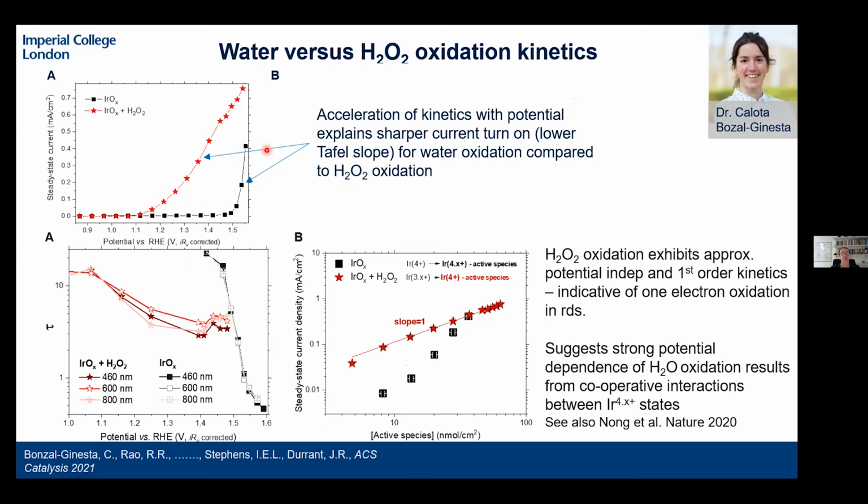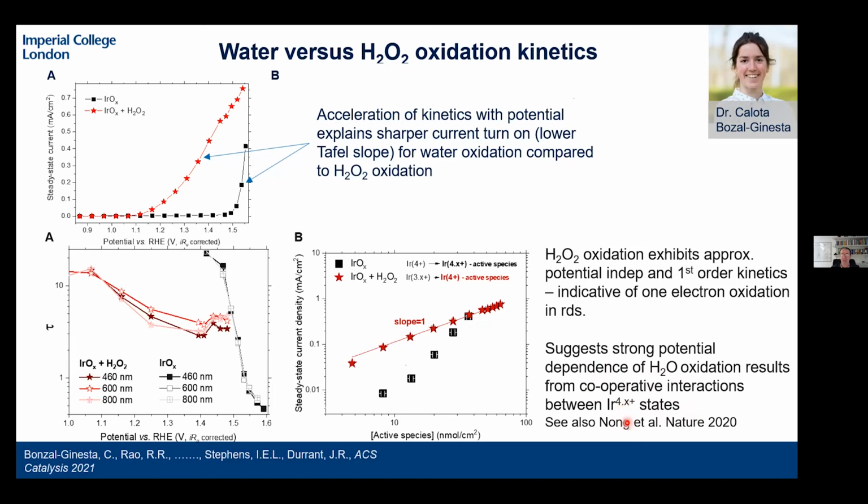And so the water oxidation current turns on much more sharply than the hydrogen peroxide, because for hydrogen peroxide, the current's going up just because you have more states. Here, the current turns on faster because you have more states, but also as you have more states, the kinetics accelerate. So you have the idea of cooperative effects. So the idea that when you generate multiple oxidizing species, they can interact in ways which accelerate the reaction, rather like what we observed on the hematite.